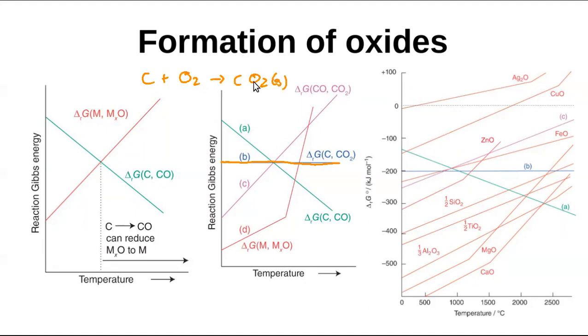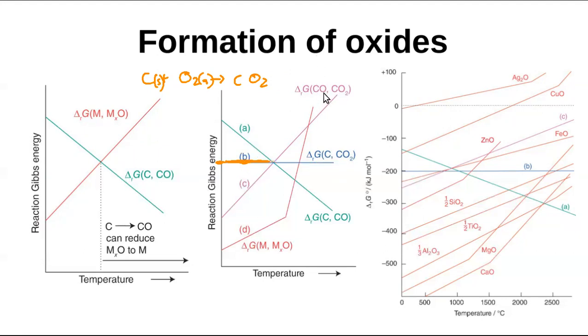CO2. So delta H is definitely negative, but delta S, this is a gas minus a gas, and then it's a solid compound with very low entropy. So this is one of the few lines showing a formation of an oxide with essentially no slope.